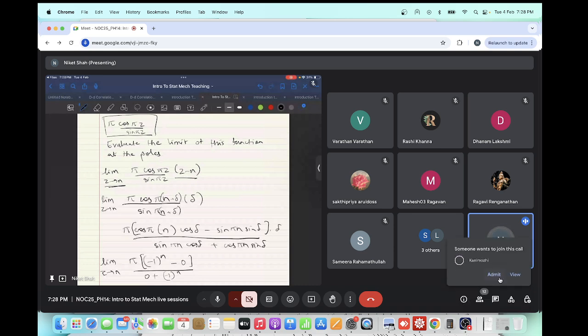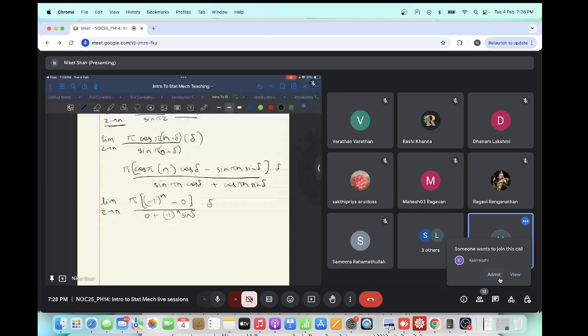So this minus 1 raised to power n over minus 1 raised to power n exactly becomes 1. So what I get is limit z tends to n of this function is exactly pi.